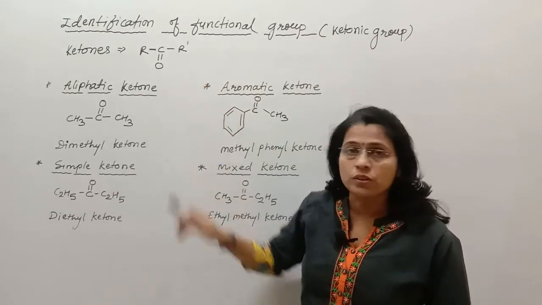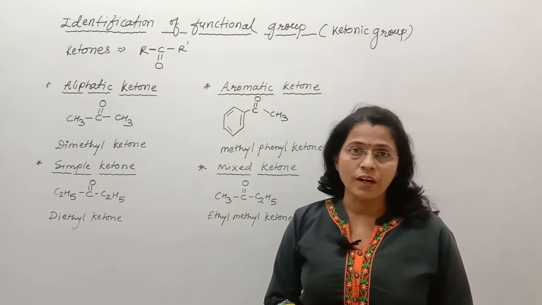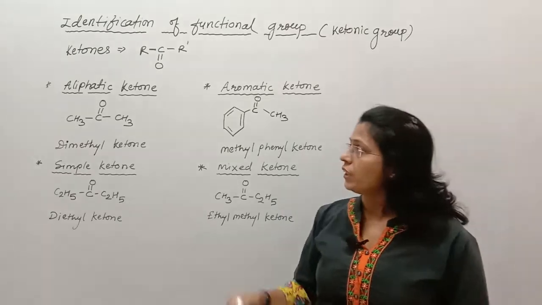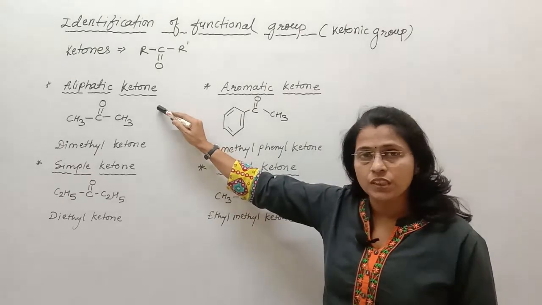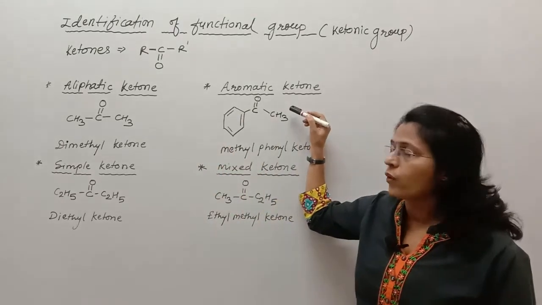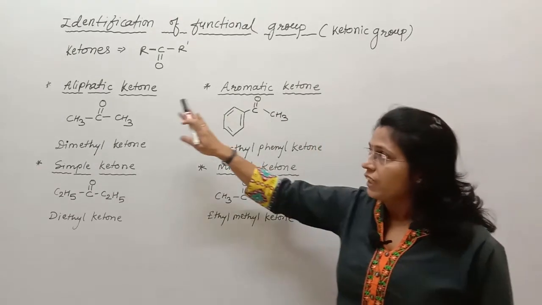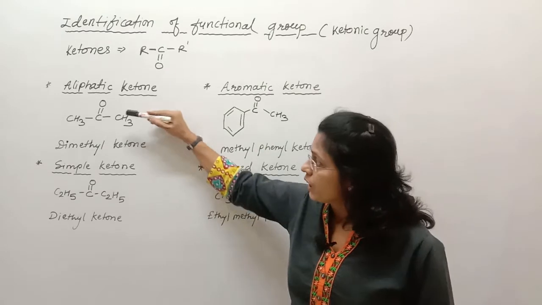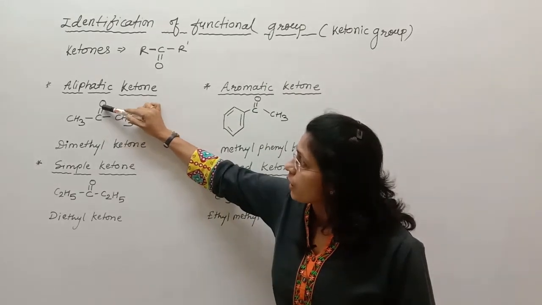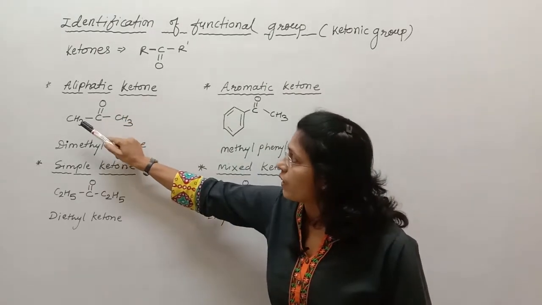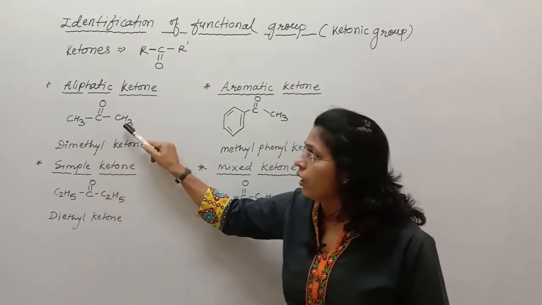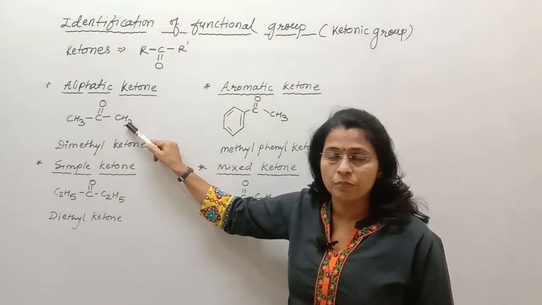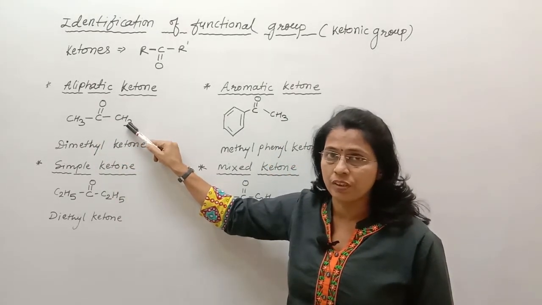So on the basis of attachment, ketones are classified into aliphatic ketones and aromatic ketones. Aliphatic ketones are those organic compounds in which the carbonyl group is attached to two alkyl groups, may be same, may be different.